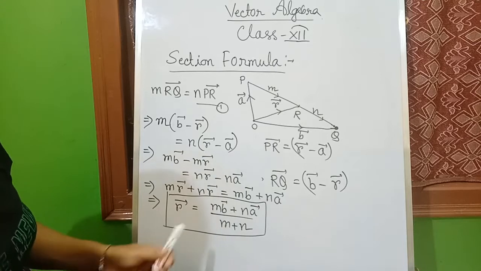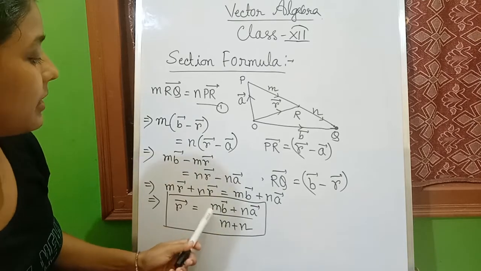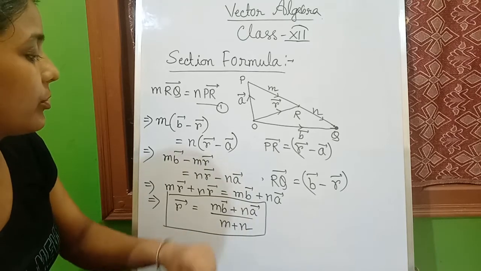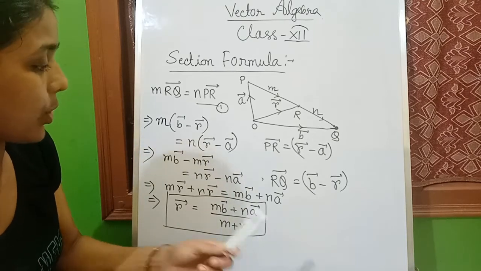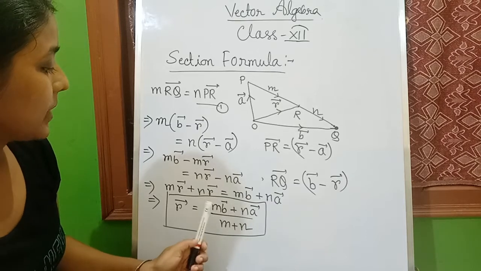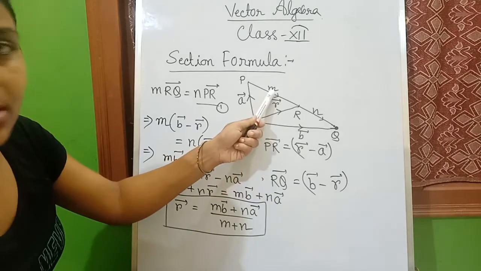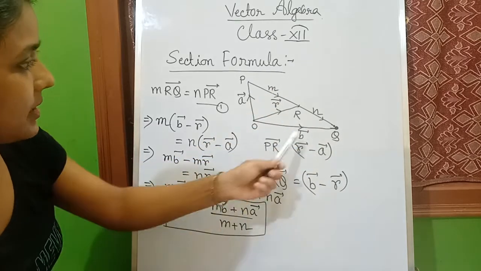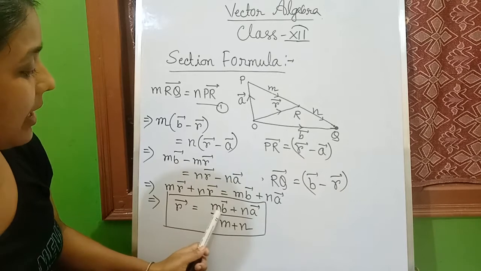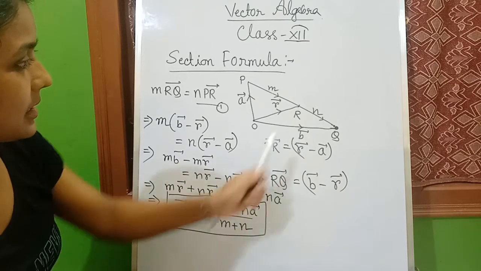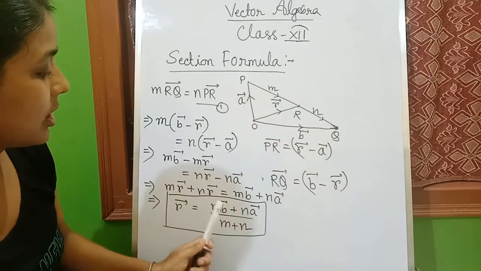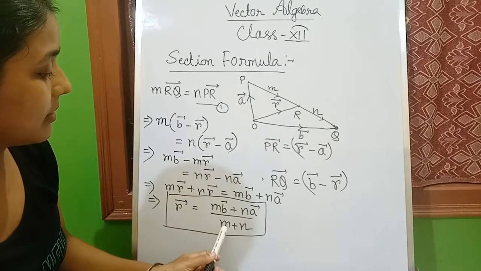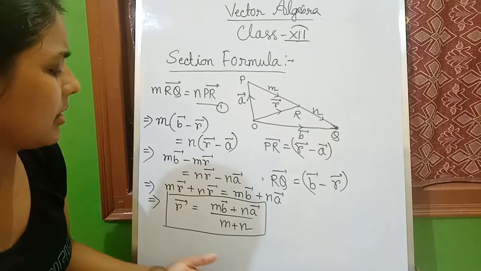I hope this is the section formula for internal division. You can see that we have already done this type of expression in 3-dimensional geometry and 2-dimensional geometry also. Look, M into the far vector, that means B vector, plus N into the near vector, divided by the addition: the same thing.